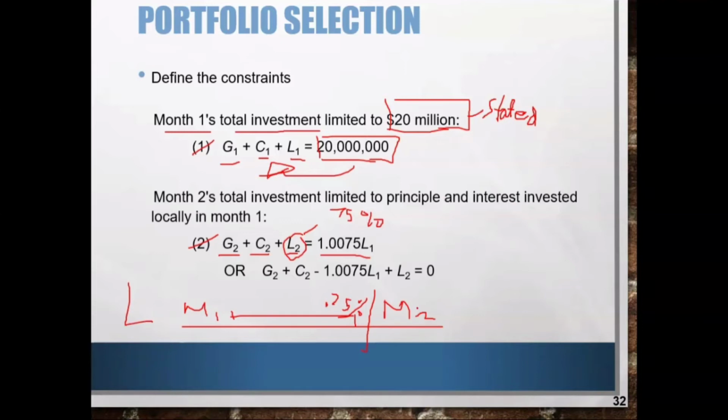At the beginning of month 2, the local investment should be 100% plus 0.75%, that is 1 plus 0.0075 times the value of month 1, which is the interest earned for the first month, for local investment only.